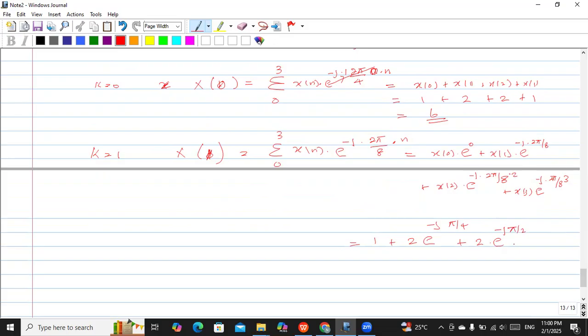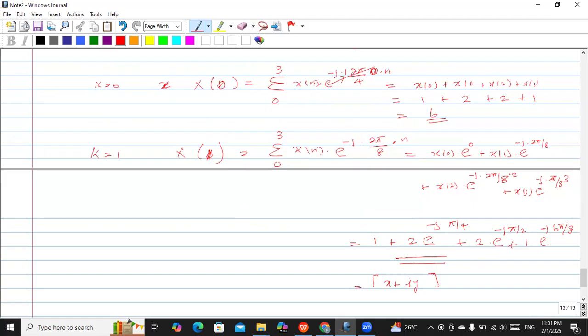So it will be 5π by 2 plus x3 is 1 e to the power j 2π into 3. So it will be 6π divided by 8. Okay. So maybe you can find the complex value here, x plus iy value, using a calculator. Okay, or maybe you can keep this here.